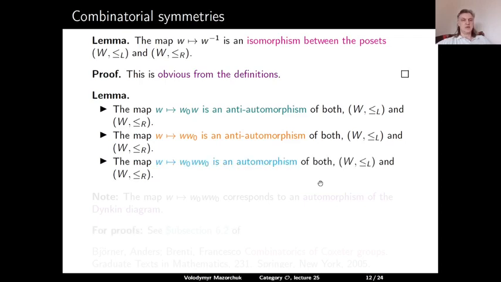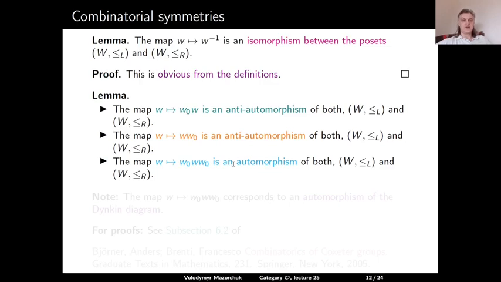And the third property is that the map which maps W to W0WW0 is an automorphism of both these posets, W with respect to the left order and W with respect to the right order. Note that the last property is also a superposition of the first two.